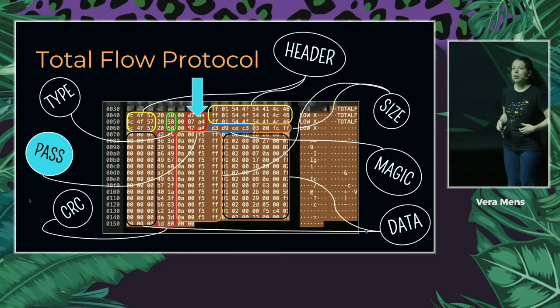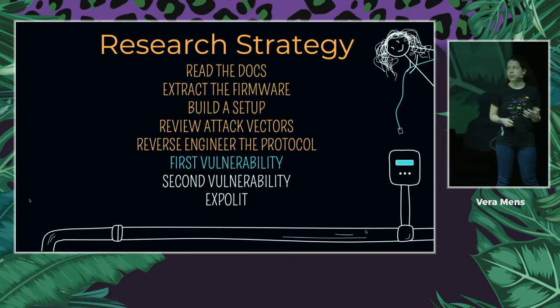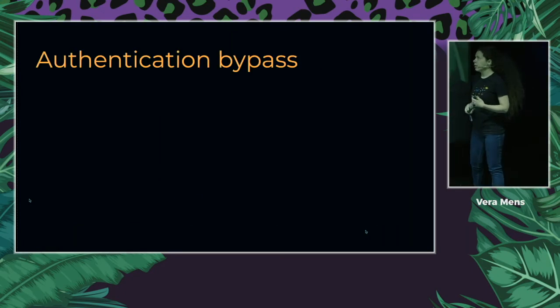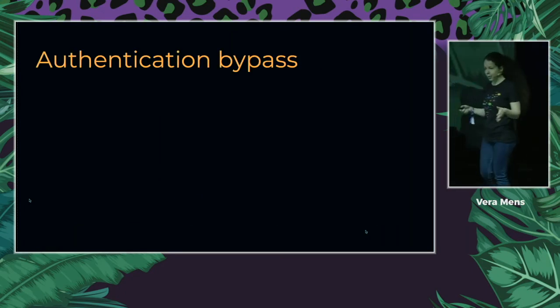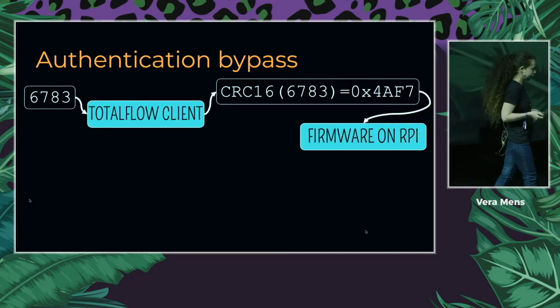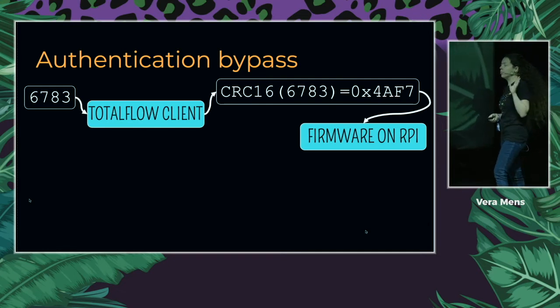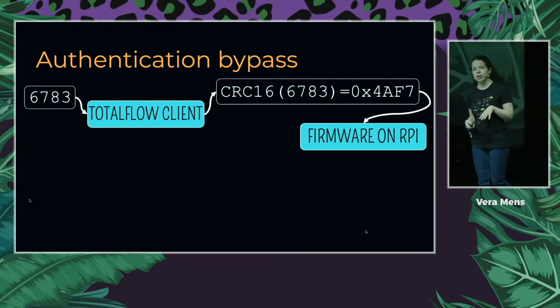So I hope that you are getting with me here that we have our first vulnerability. We have an authentication bypass, and let's talk about how it works. We just pick some 4-digit passcode and put it in our client.